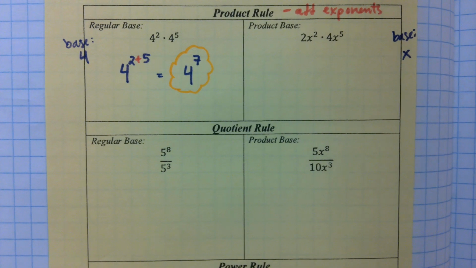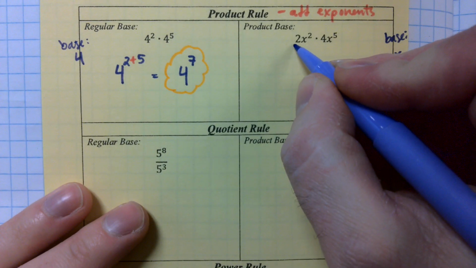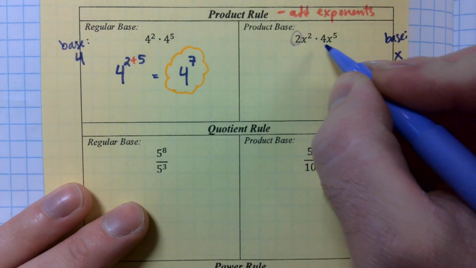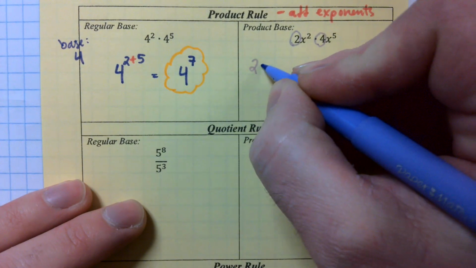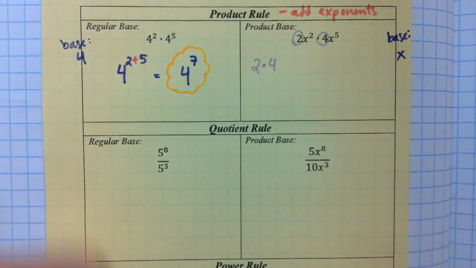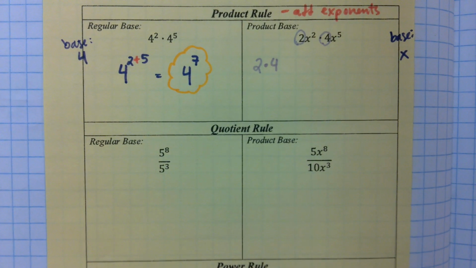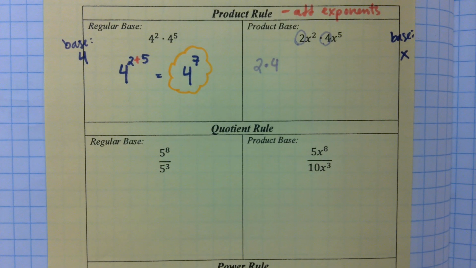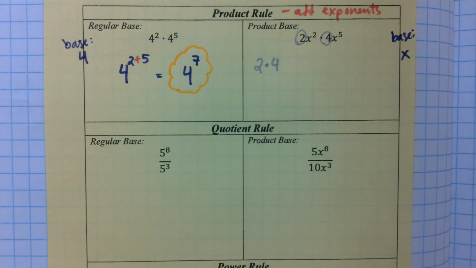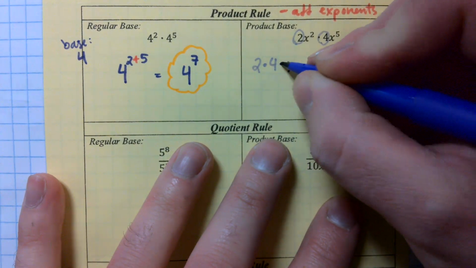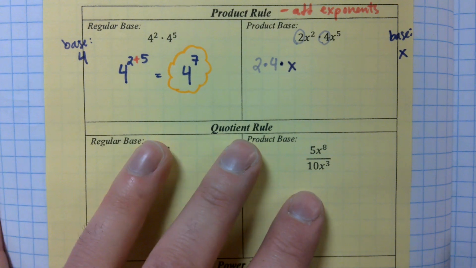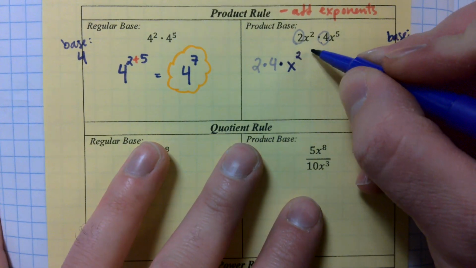So I'm going to take my 2 and my 4 and I'm going to multiply those out in front. Then I'm going to take my base of x with my power of 2 and my power of 5.